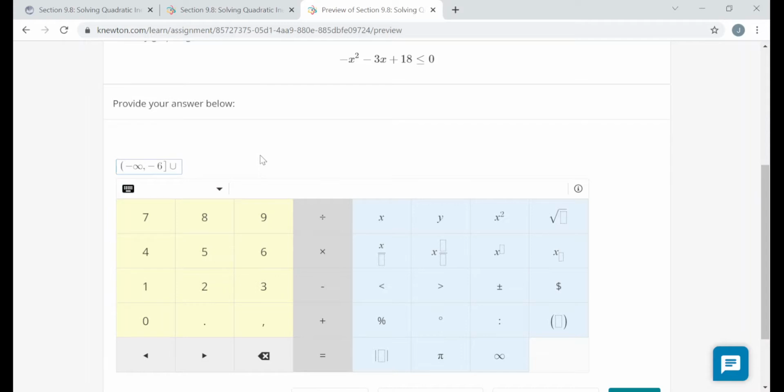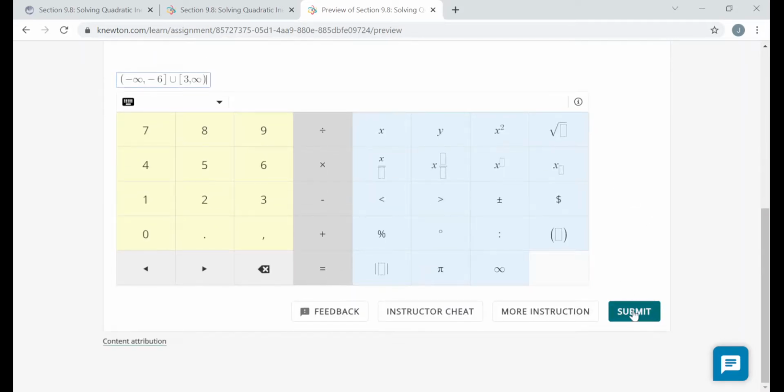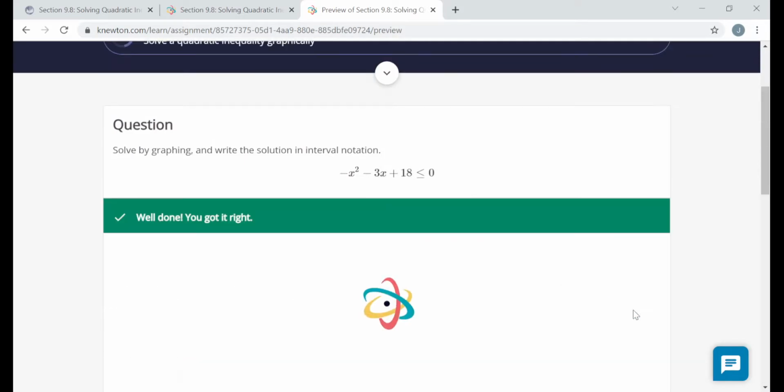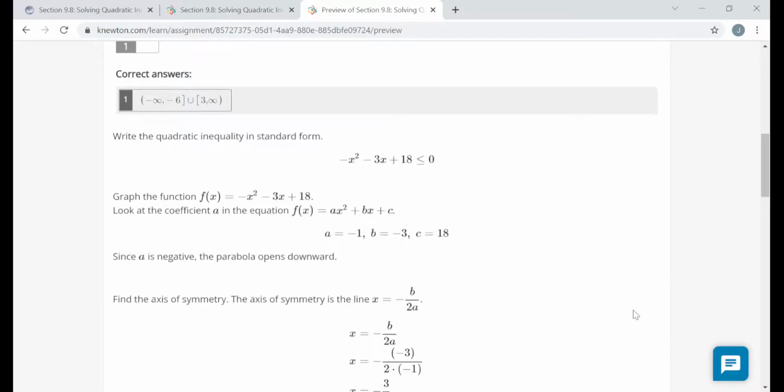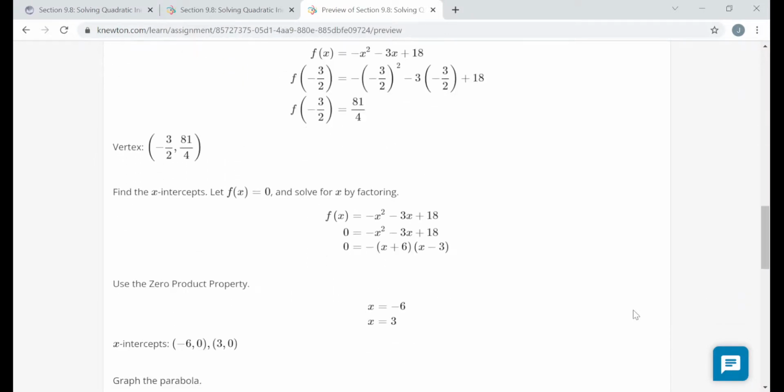And then bracket again, from 3 to infinity. Close the parentheses, and there we go. Wonderful. And once again, please read through the answer explanations.